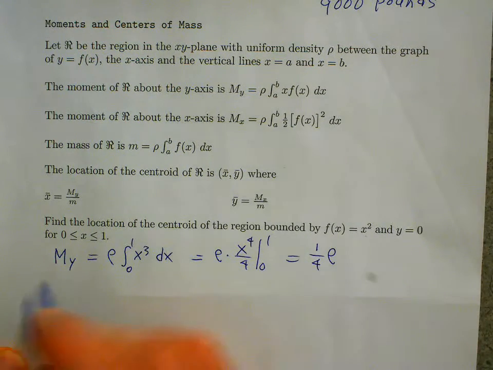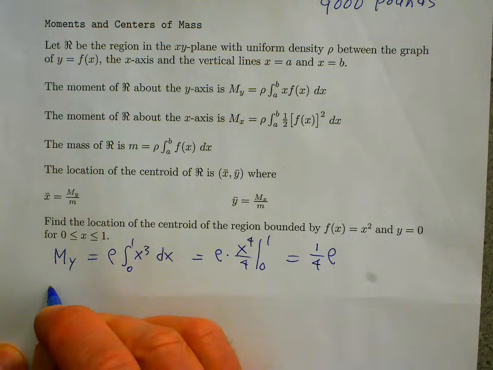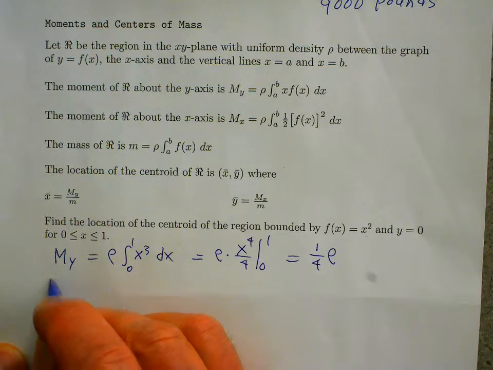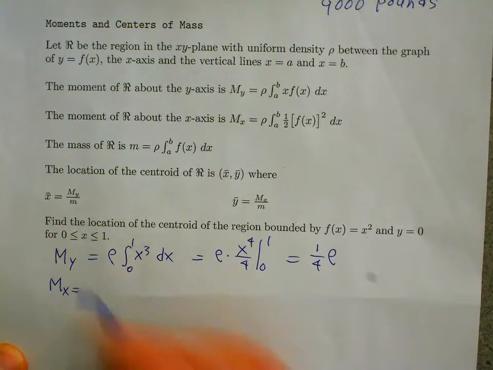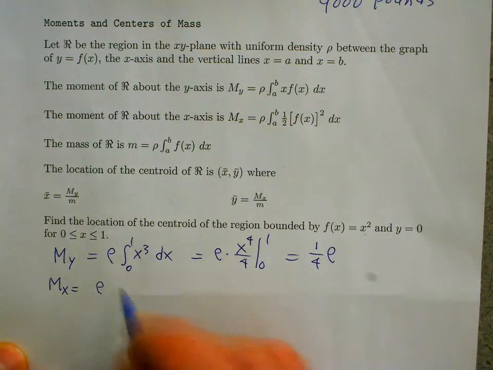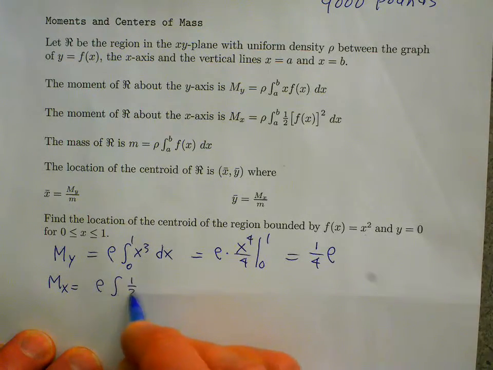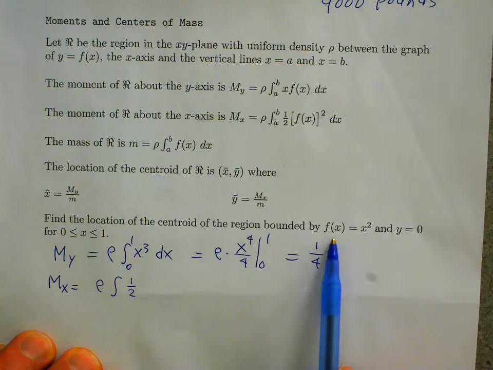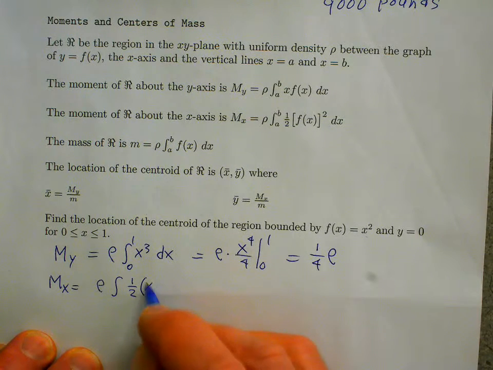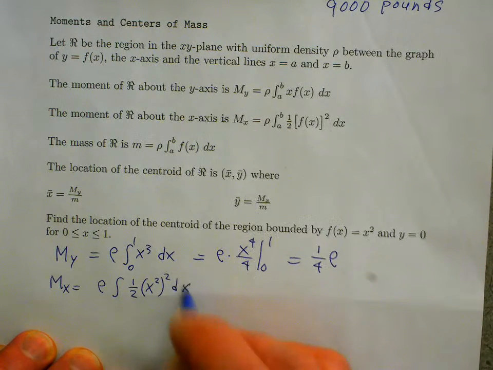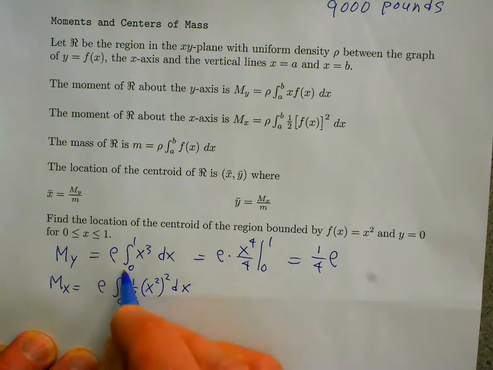Okay, then the moment of R about the x-axis, m sub x, this is rho times the definite integral of 1/2 times f of x squared dx from x equals 0 to 1.